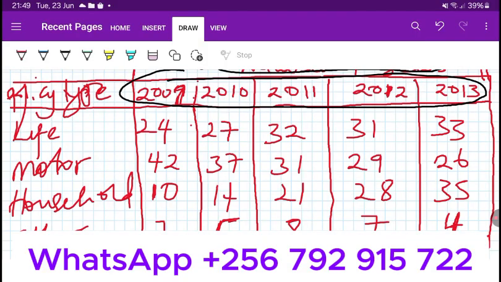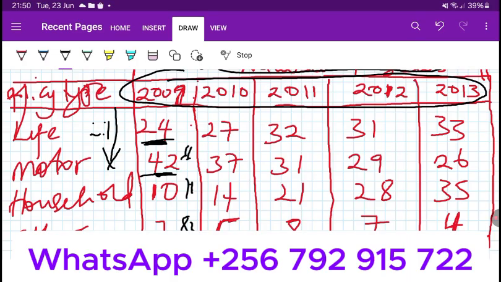You see here we have a 24 and a 42. We are adding downwards. You get 24 plus 42, here it will be 66. Plus 10, it will be 76. Then plus 7, you get 83.